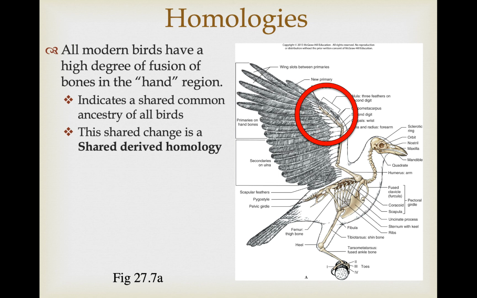This indicates this shared ancestry of all birds. So this specific type of homology we call a shared derived homology. All of the organisms share this derived condition, this changed shape. Birds have this great degree of fusion because a common ancestor of all birds first derived that change.